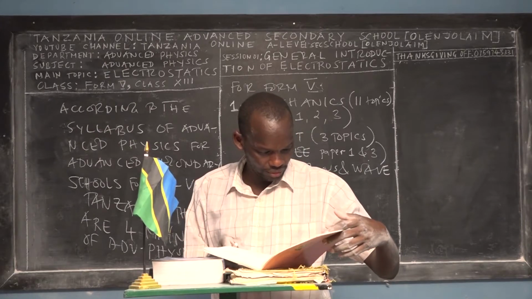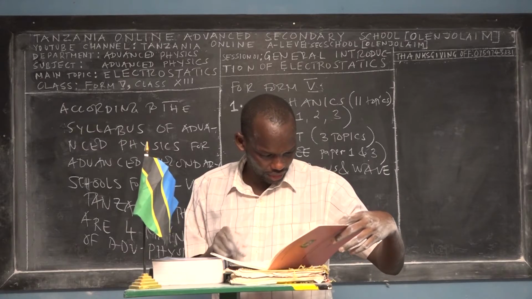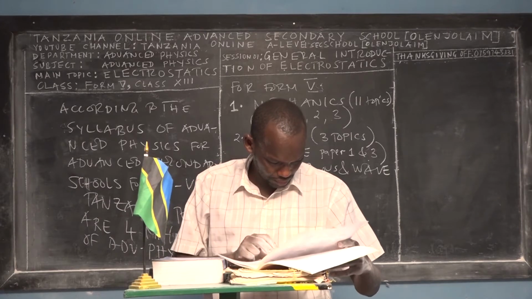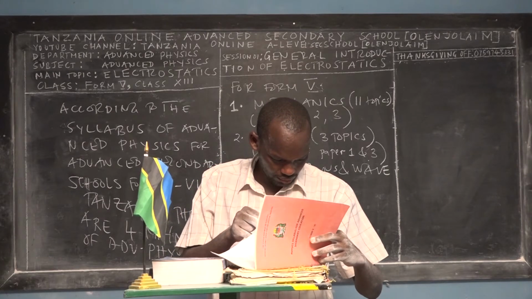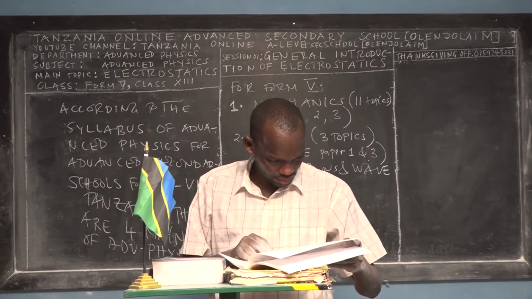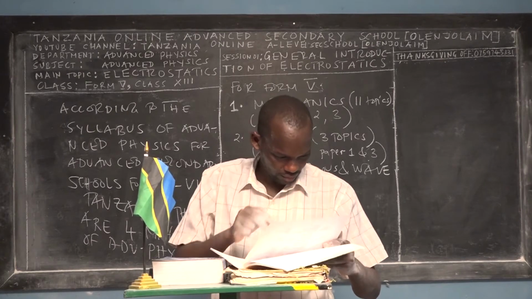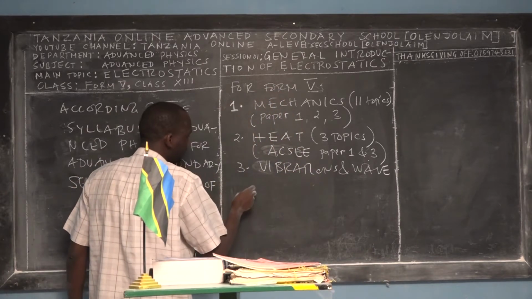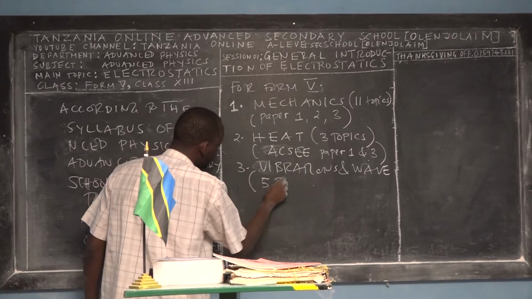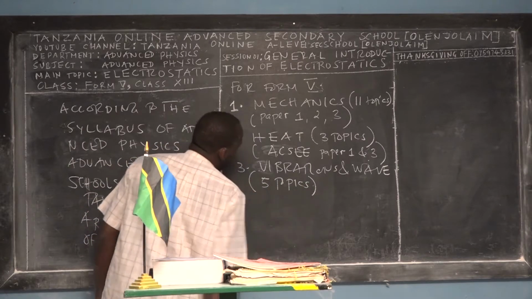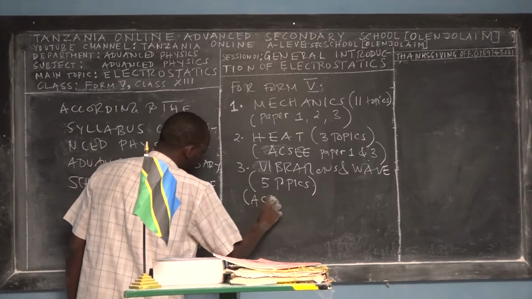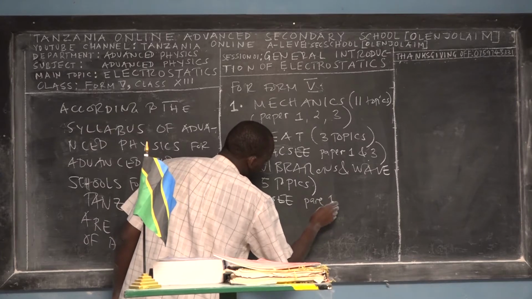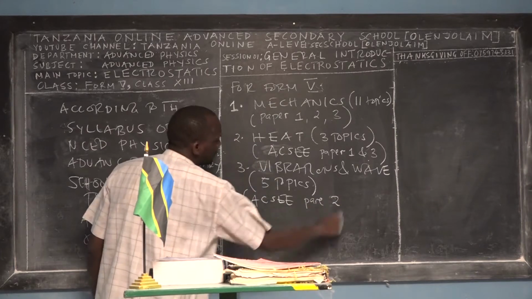According to the syllabus, it has 5 topics. And questions appear in the Advanced Certificate Secondary Education Examination, paper 2. Only paper 2.